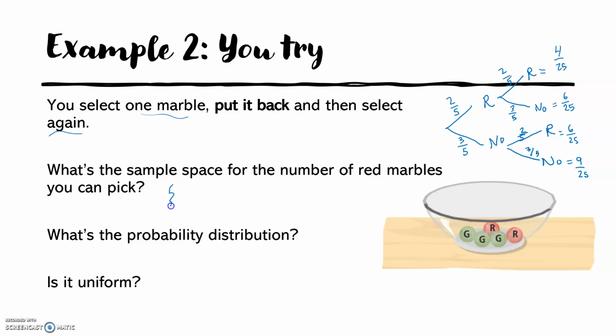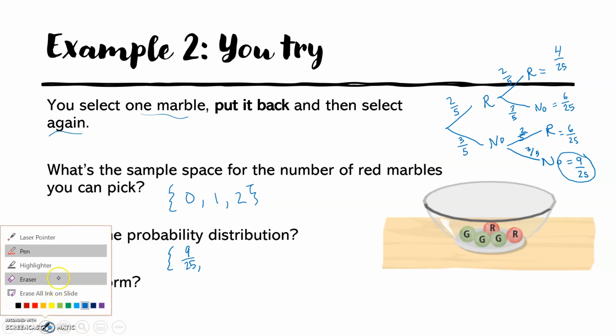So the sample space would be 0 reds, 1 red, or 2 reds. The probability distribution is going to be 9/25 for 0 reds. For 1 red, we're going to look at 2 different branches of the tree.